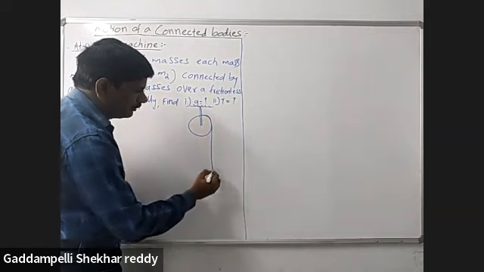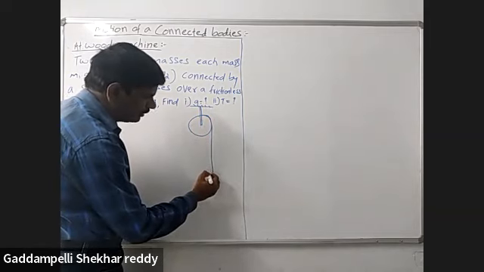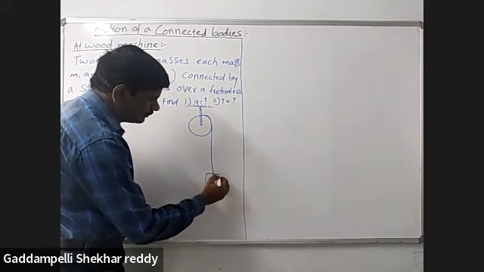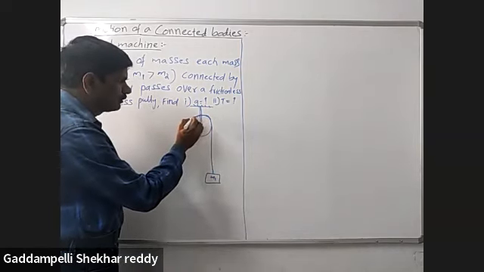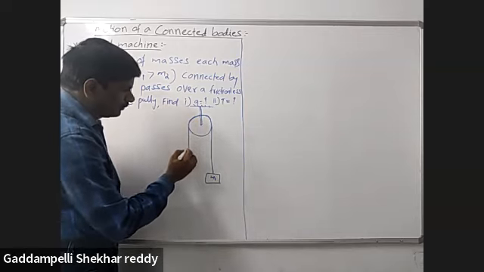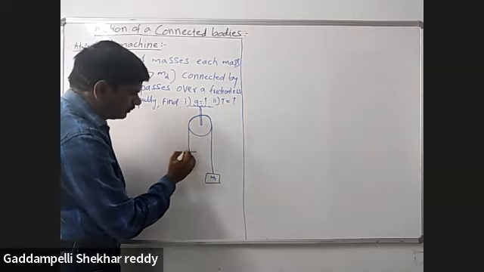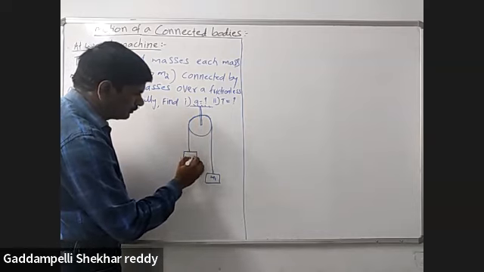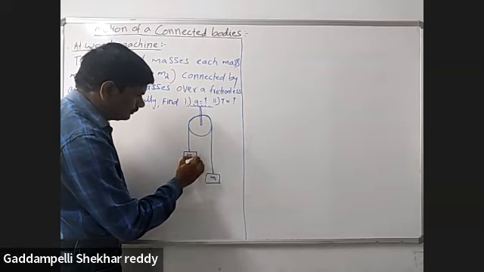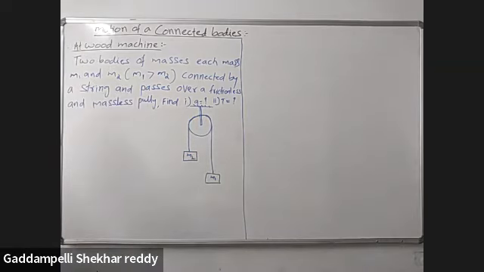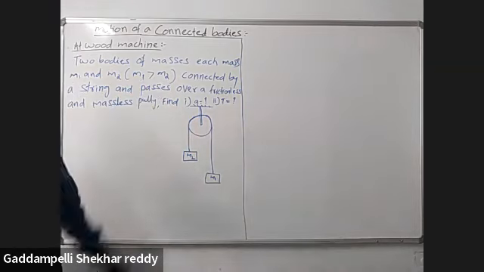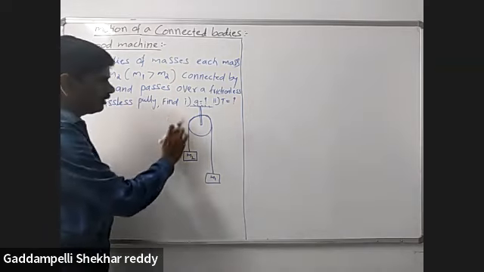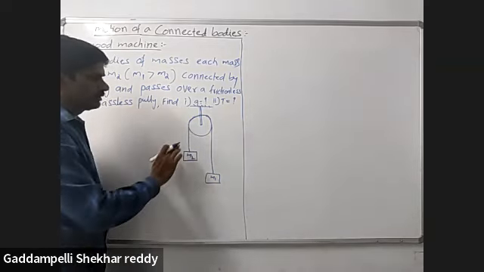Now consider the string inextensible and massless, connected to two masses: m1 at one end of the string, and the other mass m2. So these are two masses m1 and m2. Here the condition is m1 greater than m2, and at the same time this pulley is frictionless.